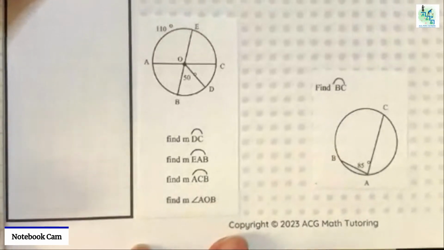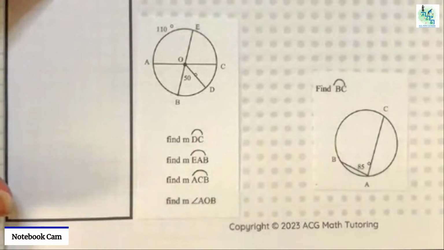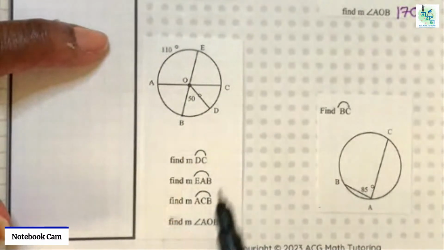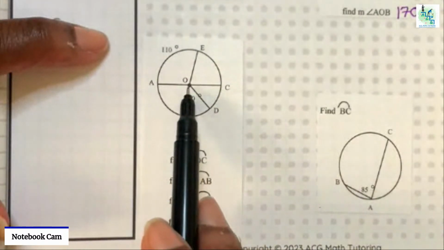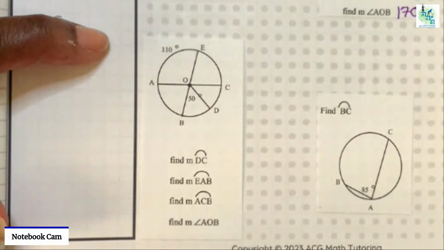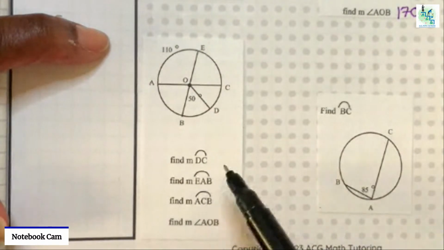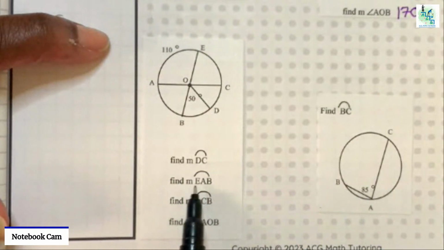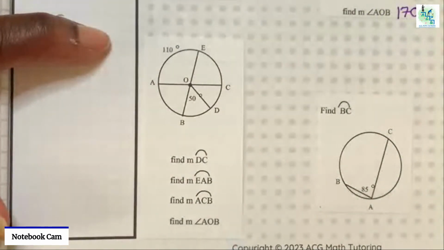All right, so now we're taking it a little bit further. If I notice, most of my angles are all happening surrounding the center of the circle. So that means I'm going to be having some similar measures of the arcs. So they're telling me find measure DC, find the measure of arc EAB, find the measure of the major arc ACB, and find the measure of the angle AOB.